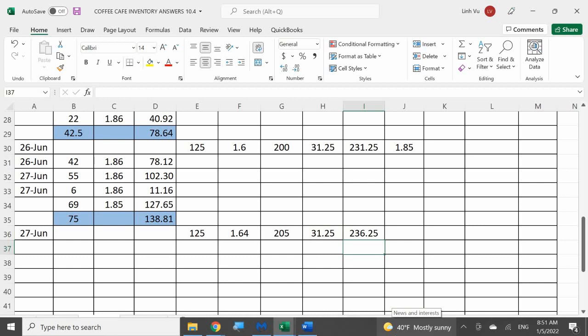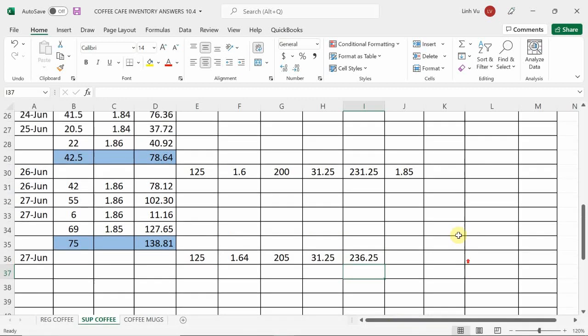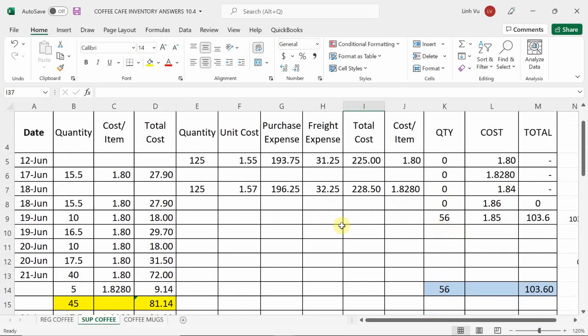And in this case, since we're doing FIFO, we need to keep our batches separate. Okay.